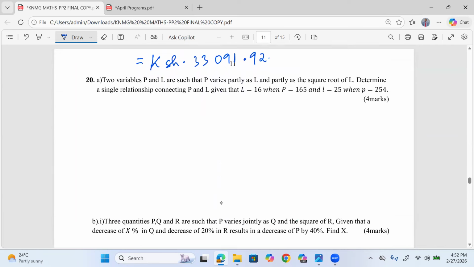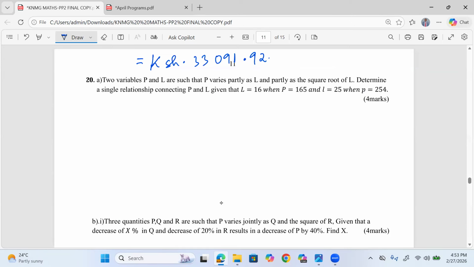Number 22. Variables P and L are such that P varies partly as L and partly as the square root of L. Determine a single relationship connecting P and L given that L equals 16 when P is 165 and L equals 25 when P is 254. Let us use the conditions provided here to find some constants.